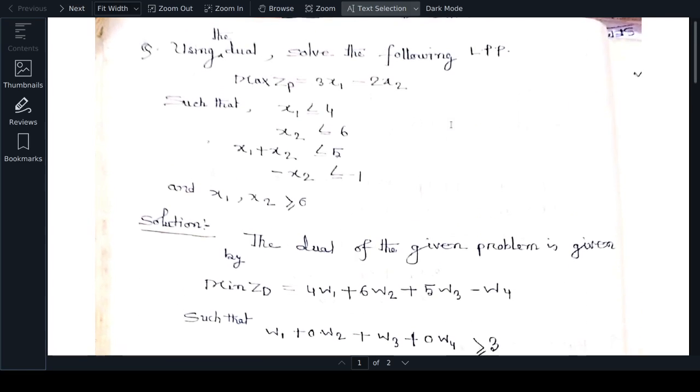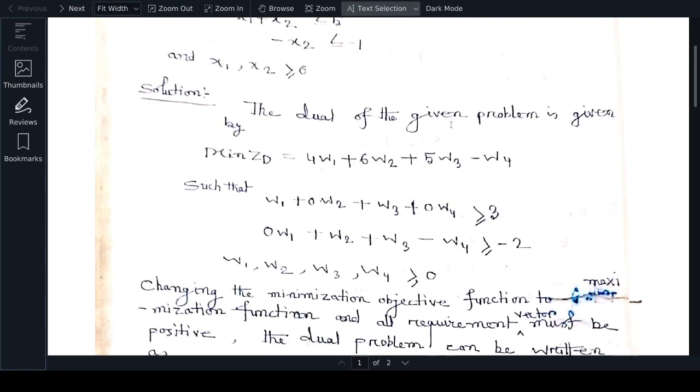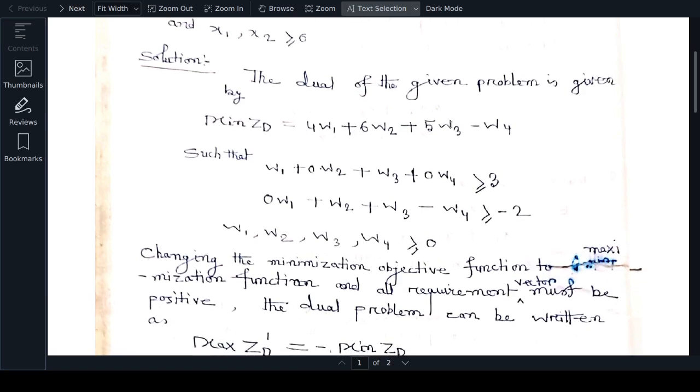So you see the constant part is 4, 6, 5, minus 1 of the constraints. This is the coefficient of the objective function in the dual: 4W1 plus 6W2 plus 5W3 minus W4, such that.